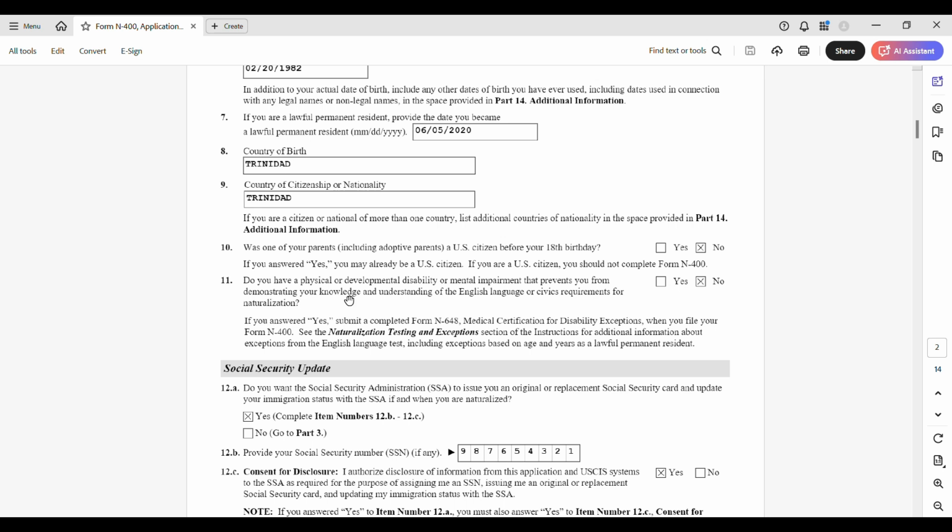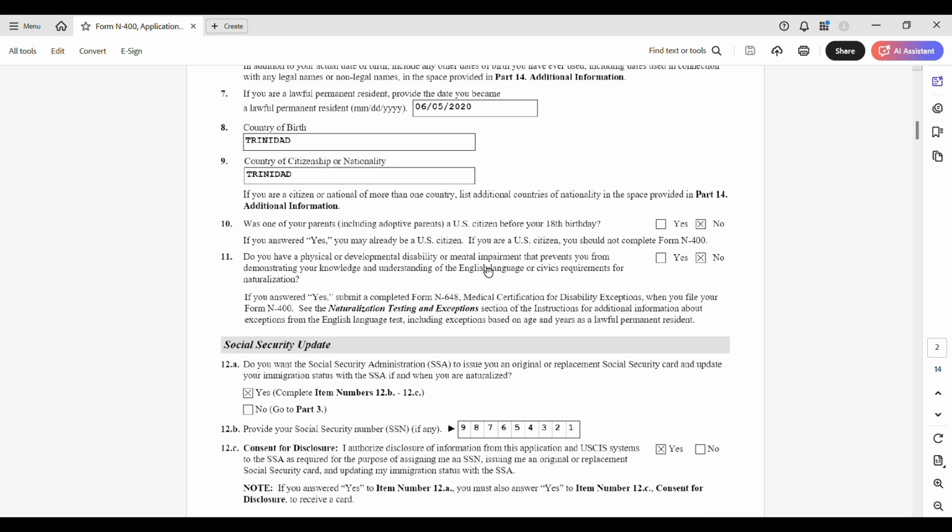Do you have a physical or developmental disability or mental impairment that prevents you from demonstrating your knowledge and understanding of the English language or civics requirements for naturalization? In this case, it's no. However, if you answered yes, submit a completed Form N-648, which is the medical certification for disability exceptions, when you file your Form N-400.